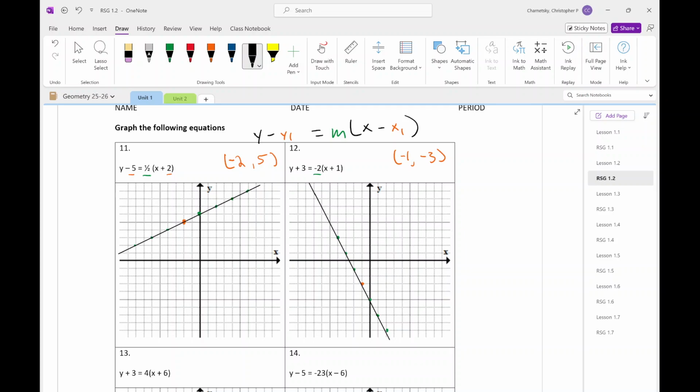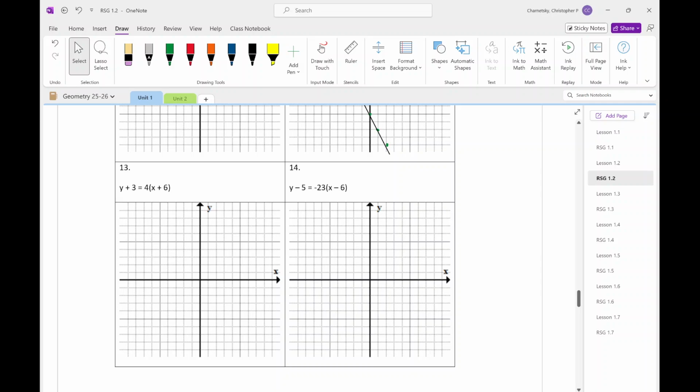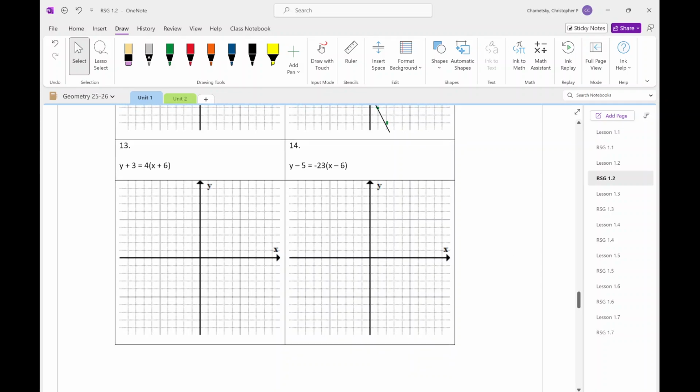There's our line. Okay. Number 13. Yep. Point of -6 and -3.